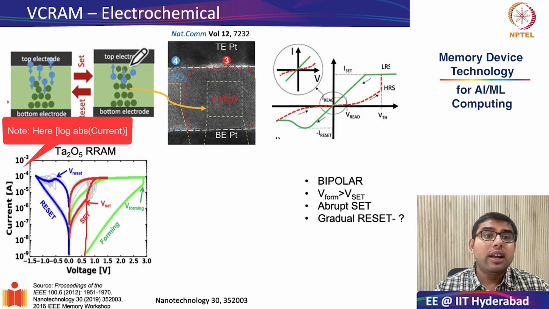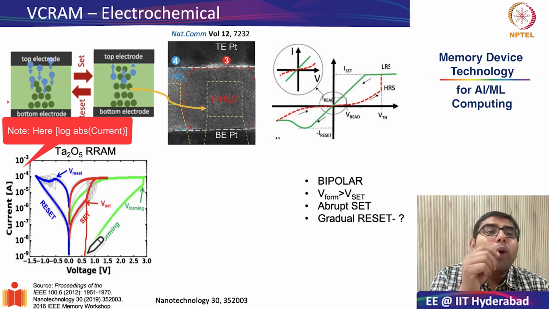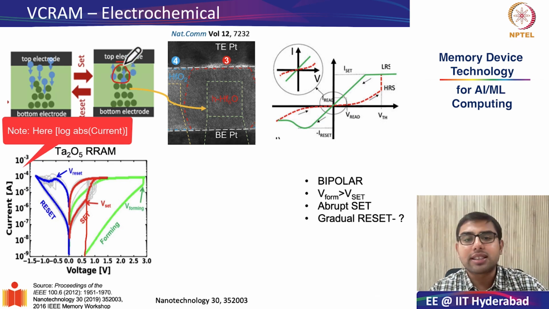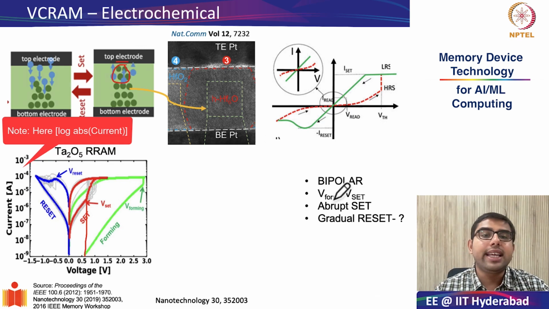So now, to recreate the filament, you only have to apply a small bias because the net distance between the top electrode and the actual conductive element has shrunk quite drastically. And that is what we generally see, that the forming voltage is much greater than the set voltage. And this is an advantage because the forming step is only done once during the life cycle of the device.